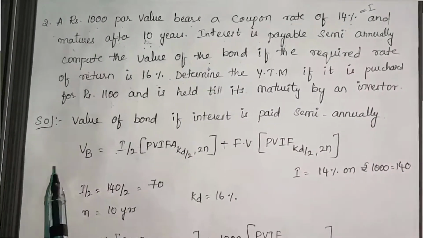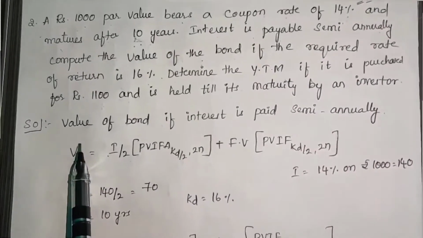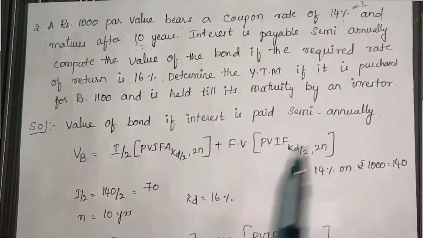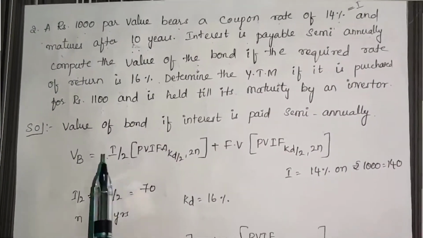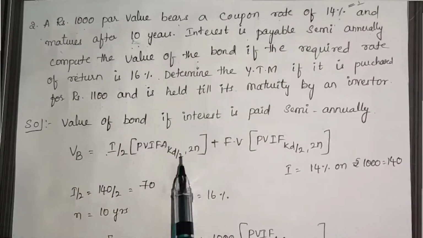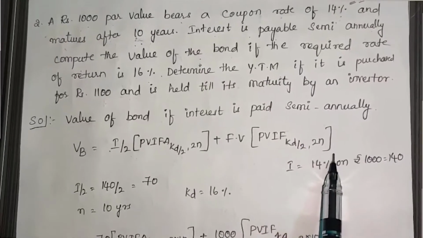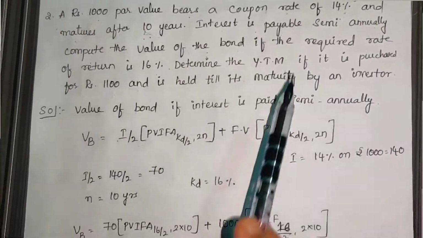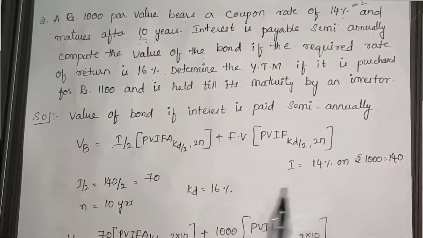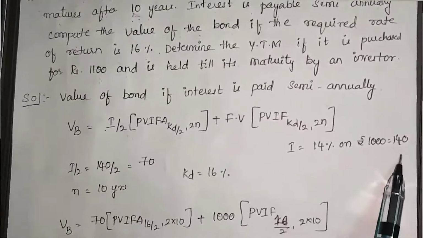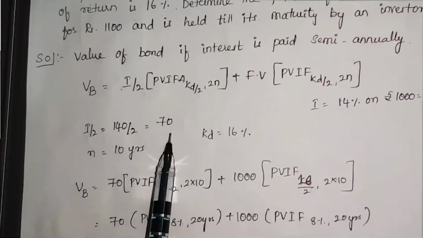So now calculating the value of the bond, we know the formula: I by 2 into PVIFA (KD by 2, 2N) plus F into PVIF (KD by 2, 2N). Interest is 14% on 1000 rupees, that is 140 rupees, and 140 by 2 is 70 rupees.